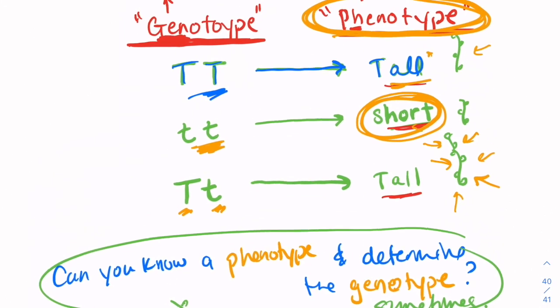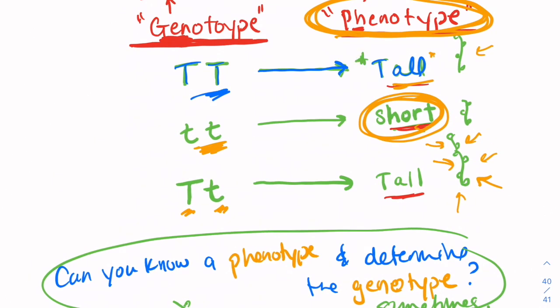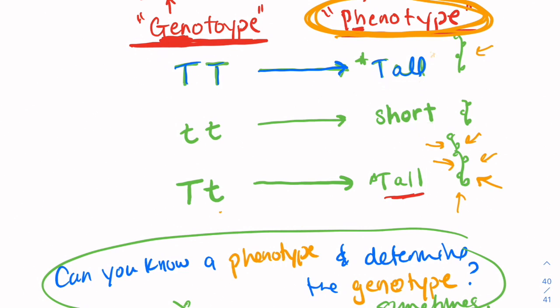But that's because we have 2 options for tall, right? We've got this and this. So what this means is that we need more words to describe these things. Let's clean this up just a little bit.